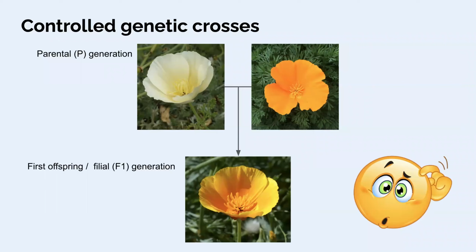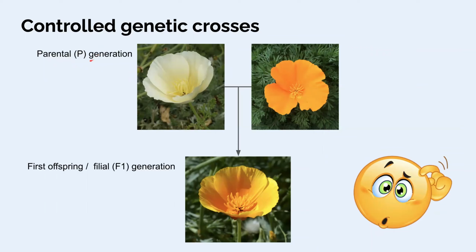You can grow the bright orange petaled flowers up, you can grow the white petaled flowers up, and then you maybe want to discover your next step, find out what happens if you cross a bright orange petaled flower by a white petaled flower. And so what's shown here is one of these controlled crosses along with some terminology that we use to describe them.